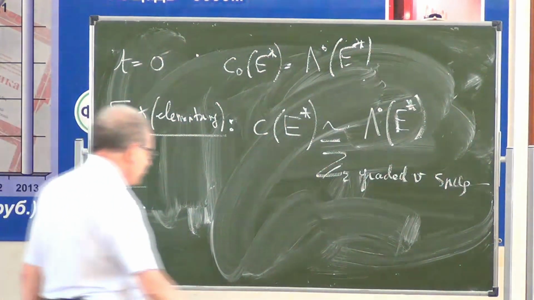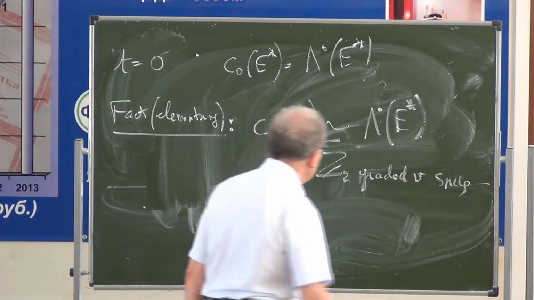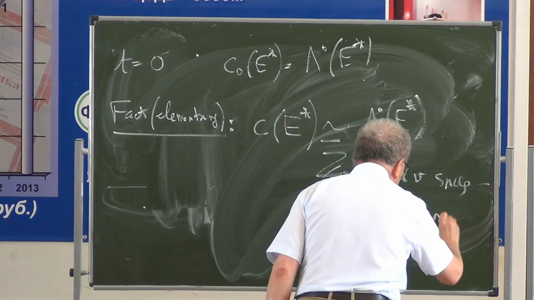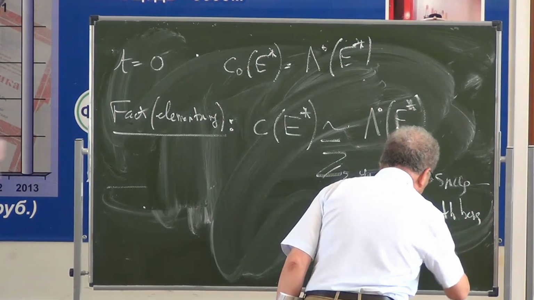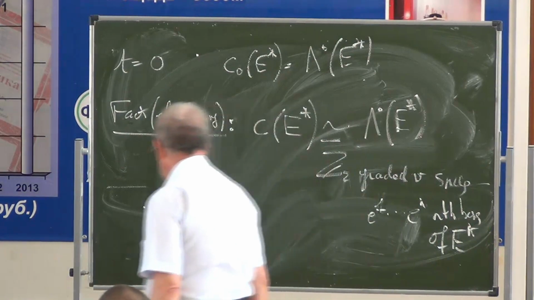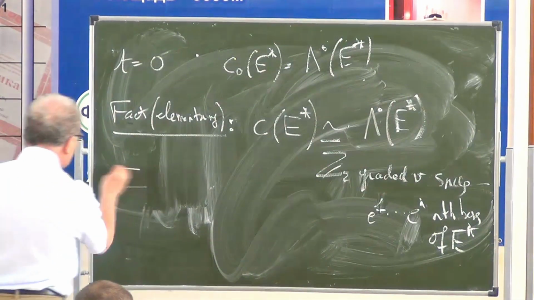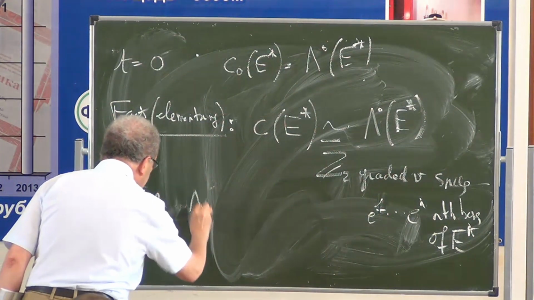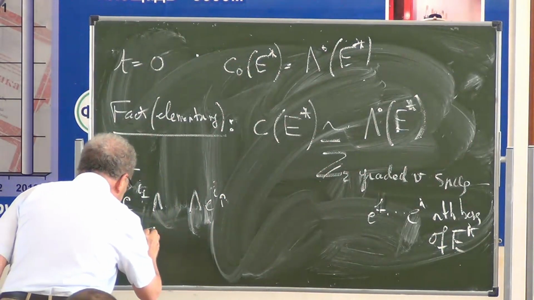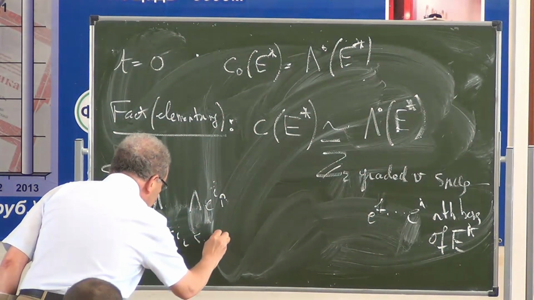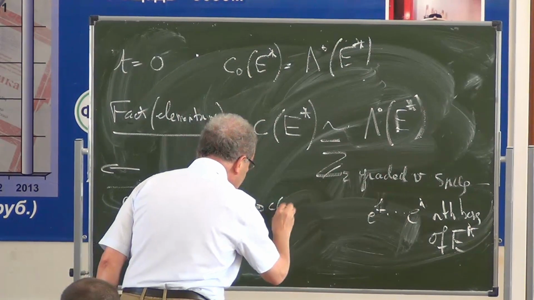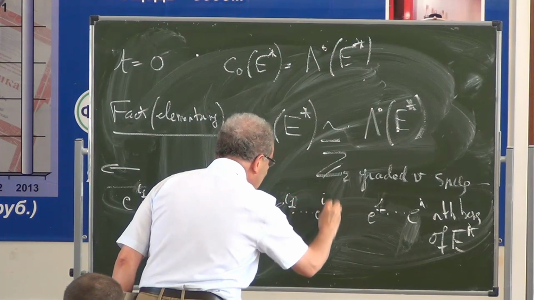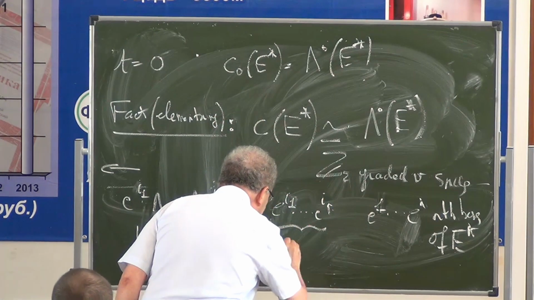The isomorphism is actually very simple. What you do is that you take e_1, e_2, ..., e_n to be an orthonormal basis of E*, and the isomorphism in the other direction maps e_{i1} wedge e_{i2} wedge ... wedge e_{ip}, with 1 ≤ i1 < i2 < ... < ip ≤ n, to c(e_{i1}) c(e_{i2}) ... c(e_{ip}), where now the product is taken in the Clifford algebra.